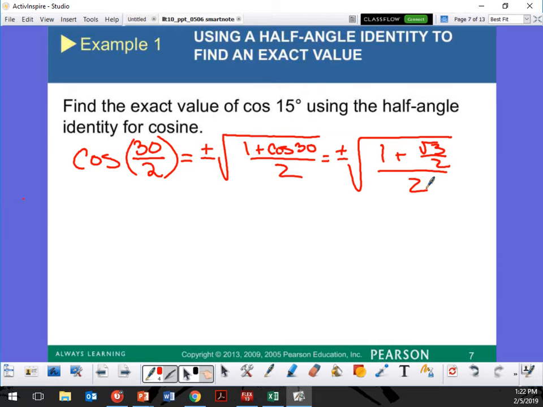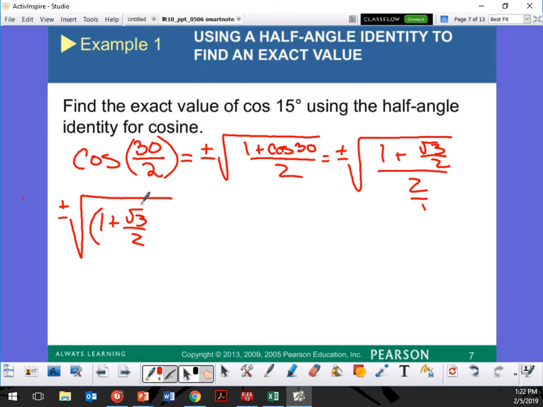It looks very ugly. So on the inside, it's still plus or minus, and it's 1 plus rad 3 over 2. Now, the denominator, isn't this going to be 2 over 1? Yes. I'm going to multiply the top by the reciprocal of the bottom.